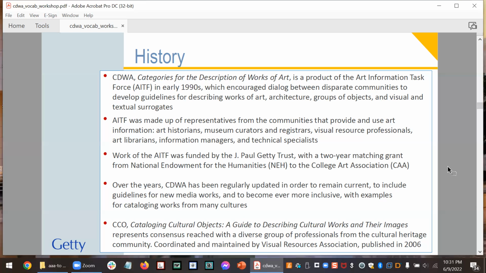And it is published online. CCO, Cataloging Cultural Objects, came about a little bit later, was published in 2006, and is the result of consensus with another diverse group of professionals from the community that uses visual resources and artworks.